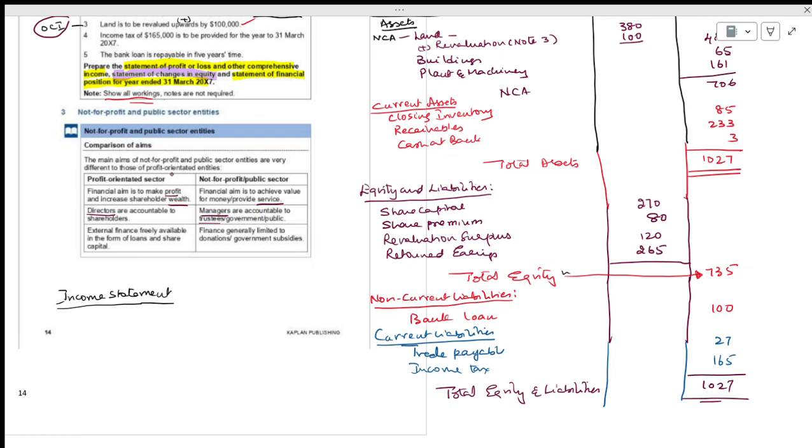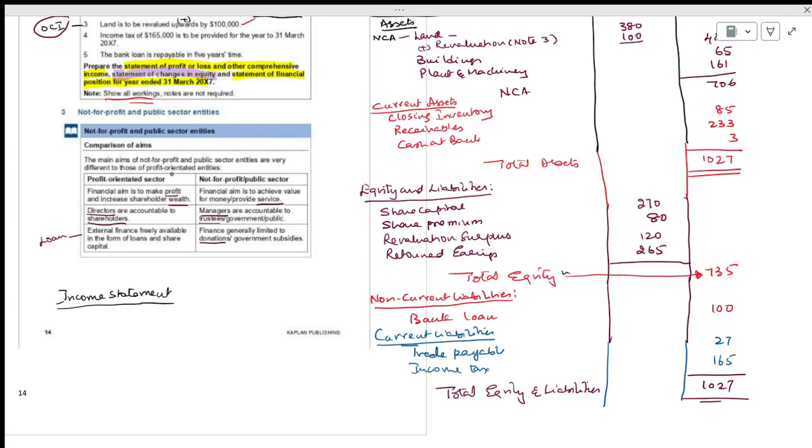And here, directors are responsible to the shareholders. External finance means you can borrow loans if you are working for a business. Here, it is not loans. What we get are donations. Somebody will donate.